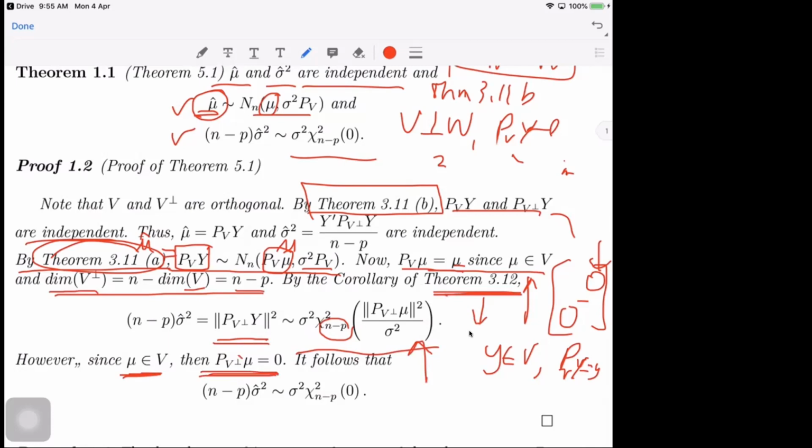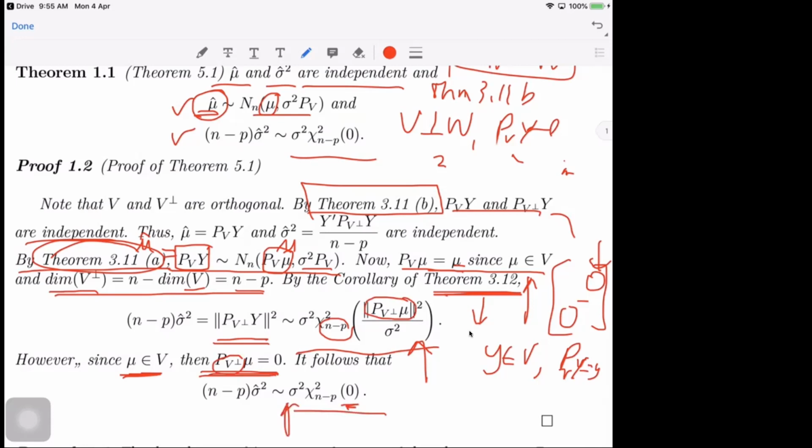Kaya naman na siya sa iyahang orthogonal complement. So that this part here will be equal to 0, and then the distribution of your sigma hat square pre-multiplied by n minus p will be a central chi-square. Okay?